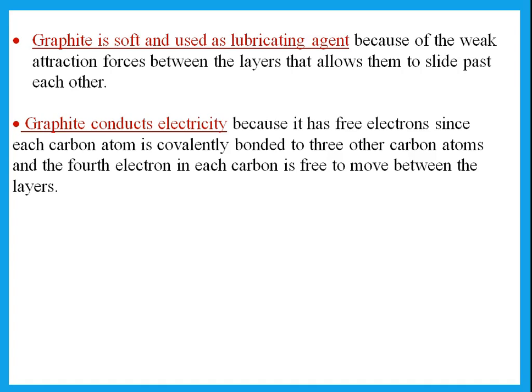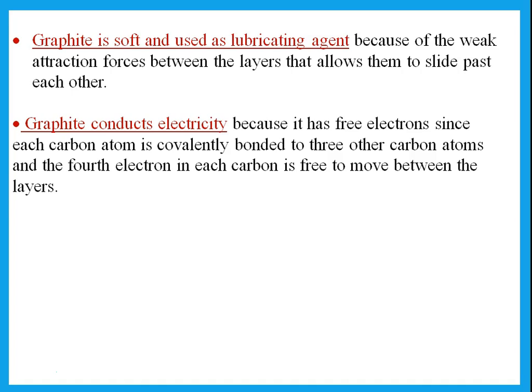Why do ionic compounds conduct electricity? Ionic compounds have free moving ions. Why do metals conduct electricity? Metals have free moving electrons. So the only thing that has free moving ions is ionic compounds.